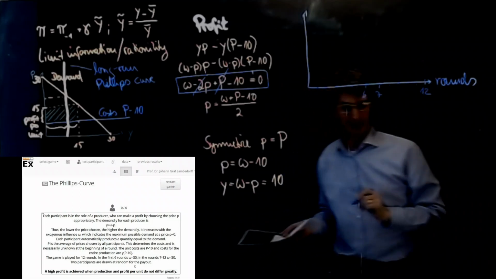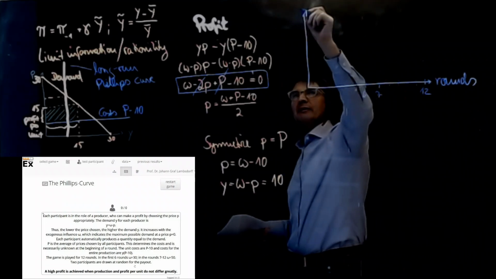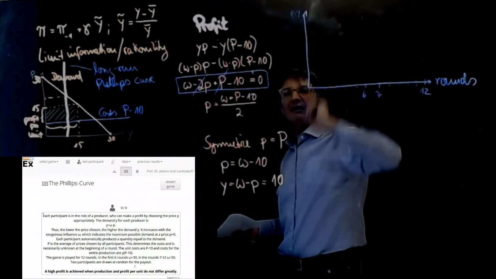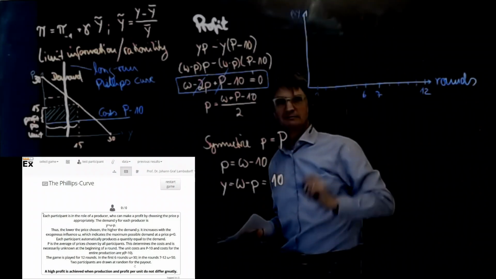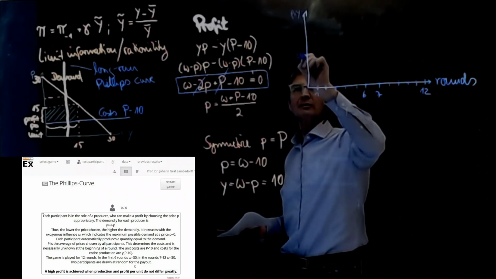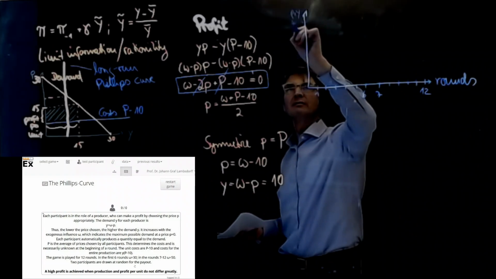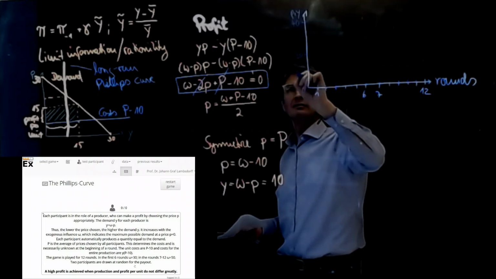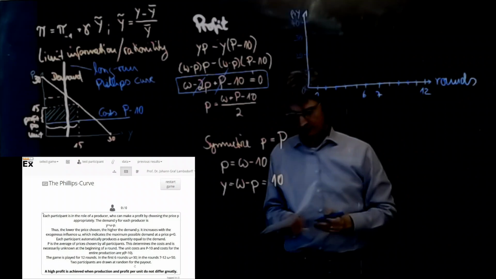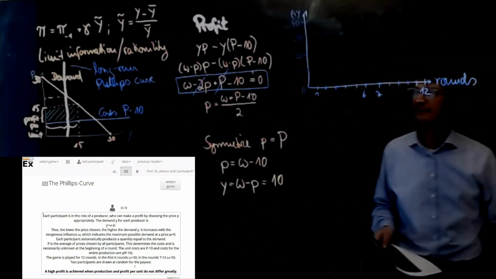Okay? Now I plot here the prices and the quantities on a scale from 0 to 40. Okay.